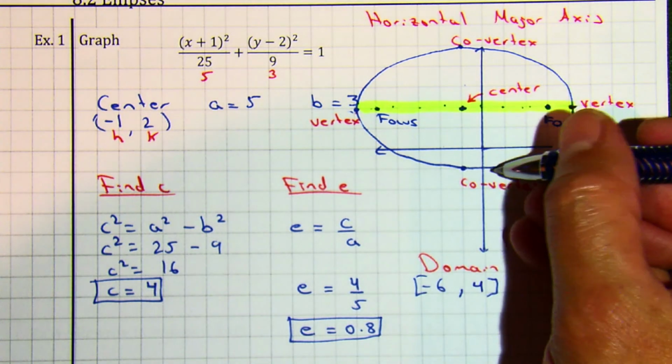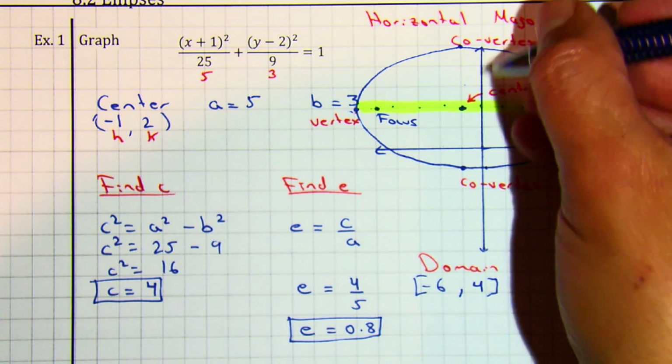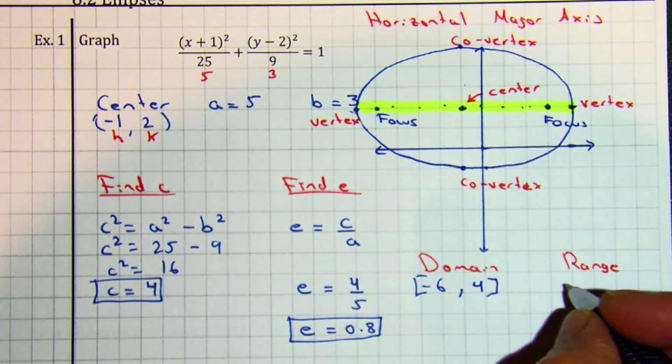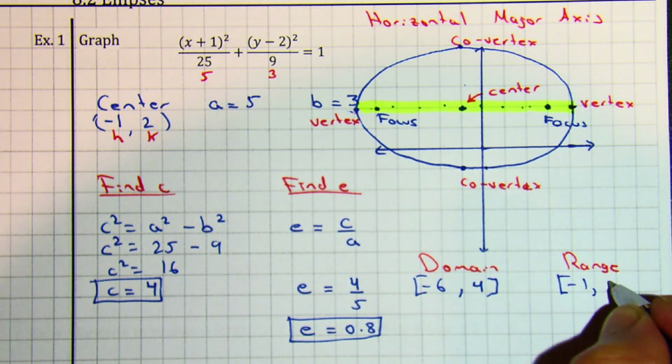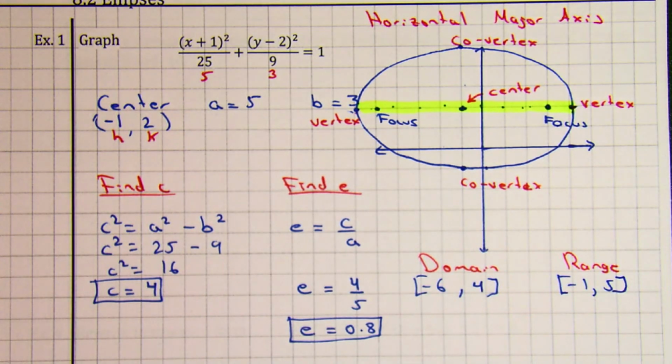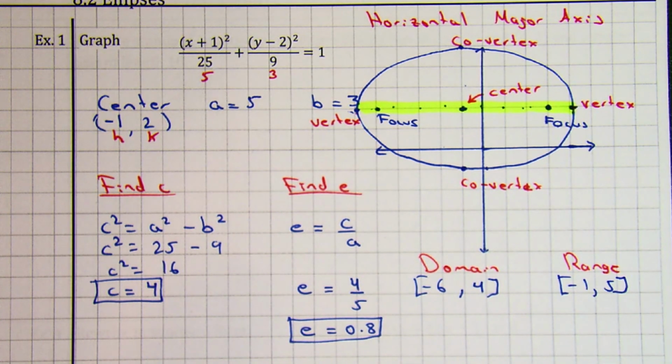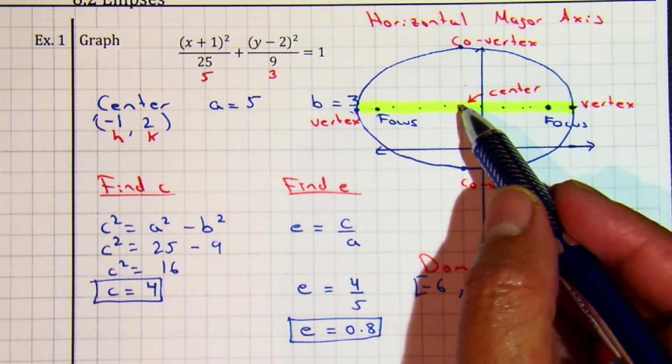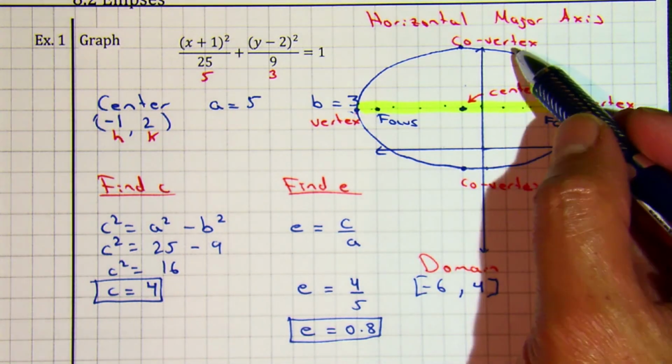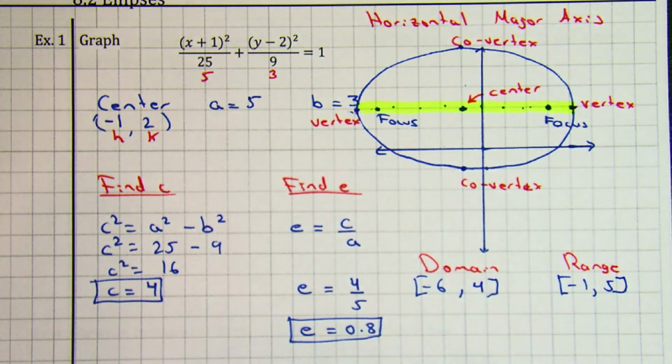My range is from -1 all the way to 5. And that is the graph of an ellipse. We found all the components: our center, vertices, co-vertices, and foci. We found the eccentricity that has to be between 0 and 1. We found the domain and range.